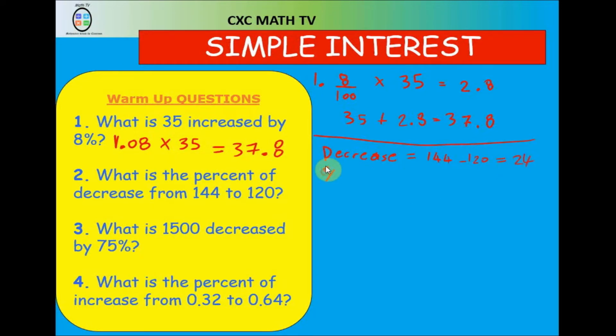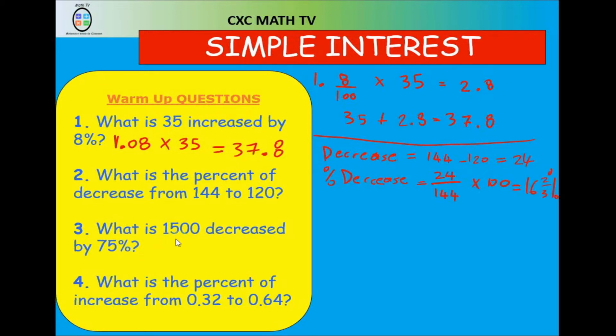And so then we can work out the percent decrease, which is equal to how much it decreased by, 24, over the initial amount, 144, multiplied by 100, and you're getting 16 and 2/3%. So it decreased by 16 and 2/3%.